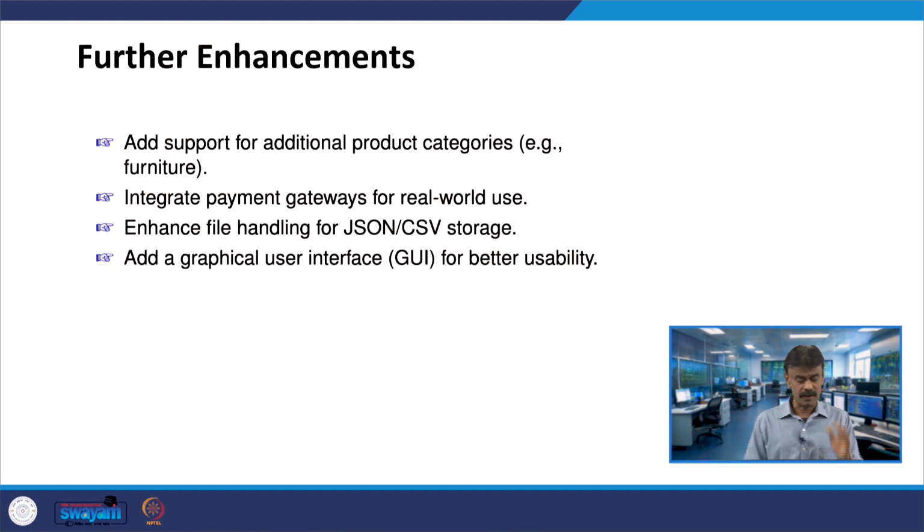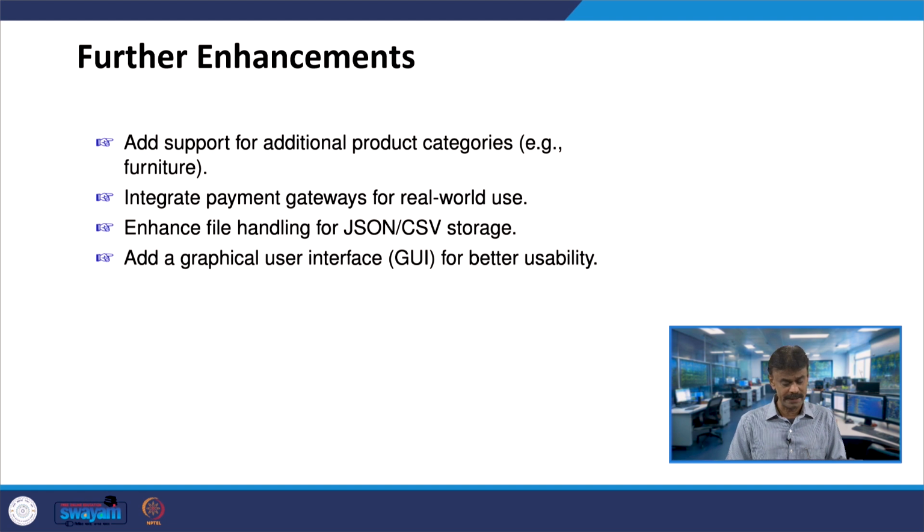So, what are all the further enhancements we can do? We can add support for additional product categories, for example furniture, grocery items, sports items, which we have not seen. These are all the items we can add, and integrate payment gateways for real-world use. That is a challenging task nowadays.